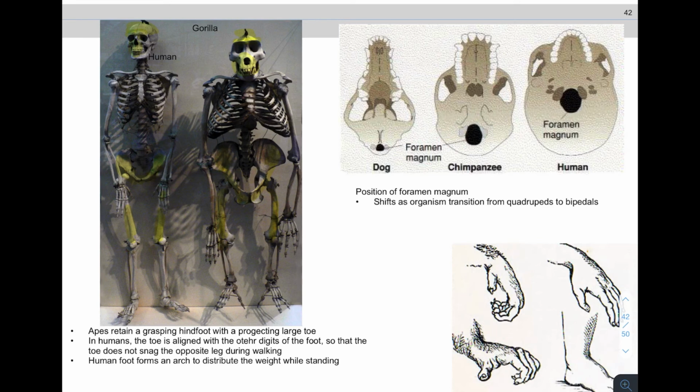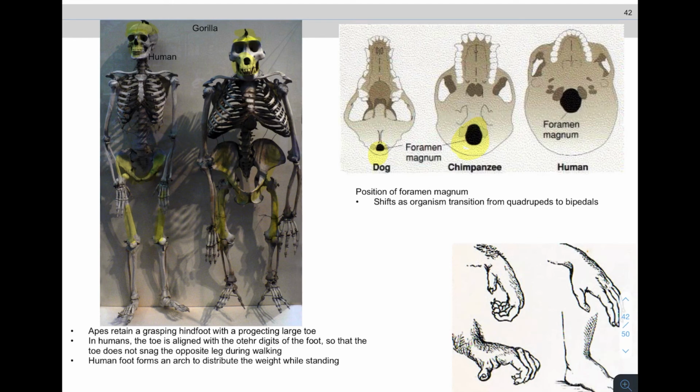Now, when we look at the foramen magnum of different organisms, we see that for a dog, for example, the foramen magnum points, instead of down, more out to the back, and that's because a dog is a quadruped. And when we look at a chimpanzee, which is not quite bipedal, can stand on two legs, but prefers not to most of the time, the foramen magnum starts to shift more underneath the skull.